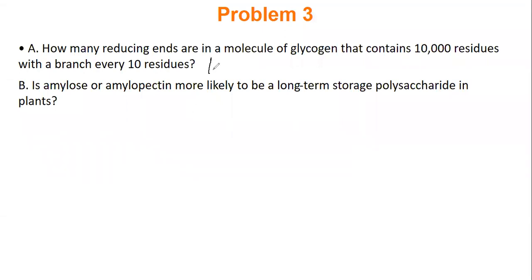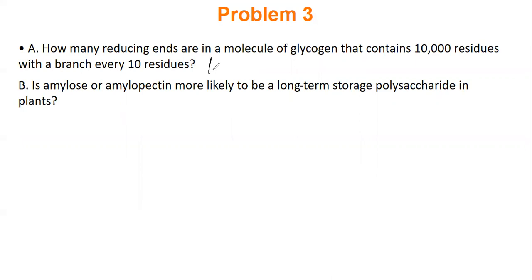For every single glycogen molecule, just like amylopectin, just like cellulose, you just have 1 reducing end, because all the other anomeric carbons are in that alpha 1,4 or alpha 1,6 bond. There's exactly 1 glucose at the very end of the chain whose anomeric carbon is not in a glycosidic bond.